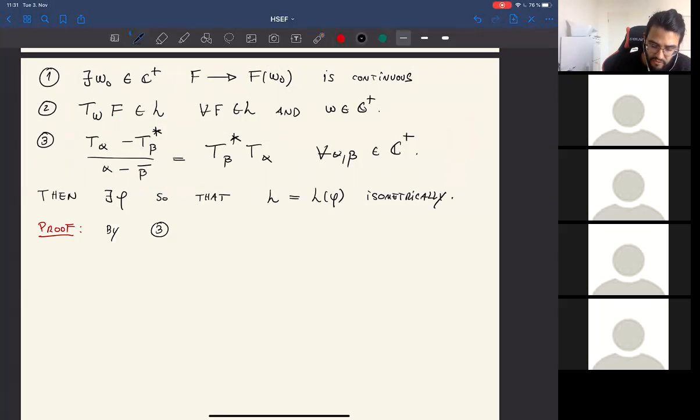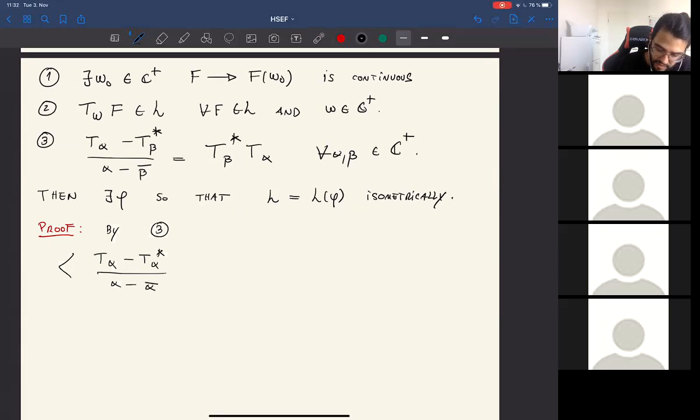So first I have to show that TW is continuous. So by 3, what do we have? So let me kind of redo the proof I just did. So suppose we have, let's say, T alpha minus T alpha star divided by alpha minus alpha bar.